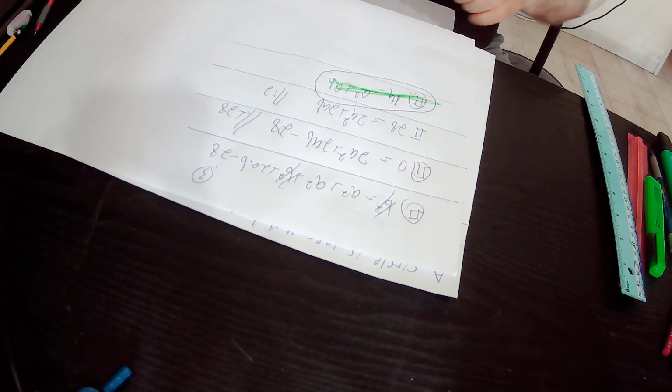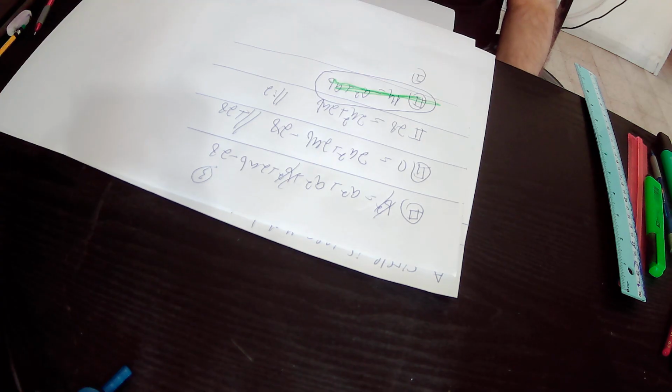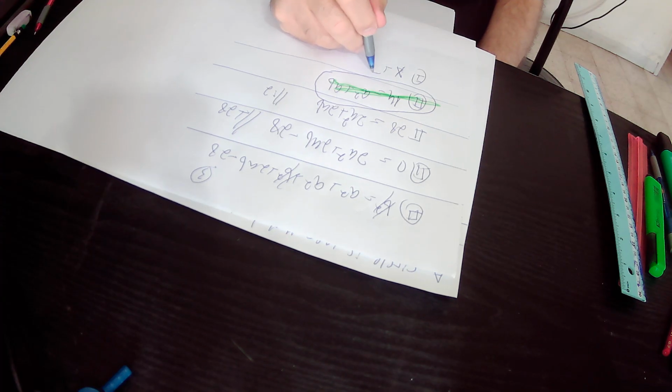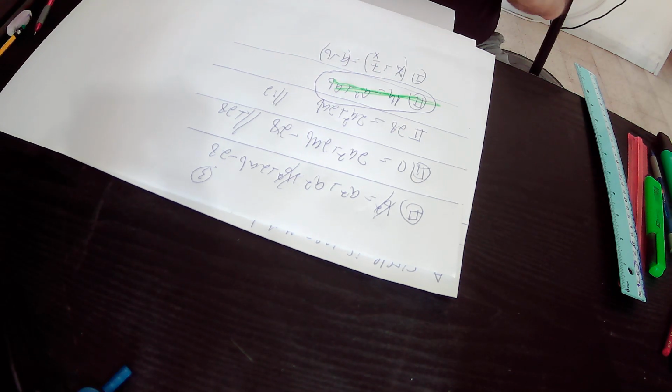But according to equation 1, we have already found out that x plus 7 over x equals a plus b. So we have those two equations.